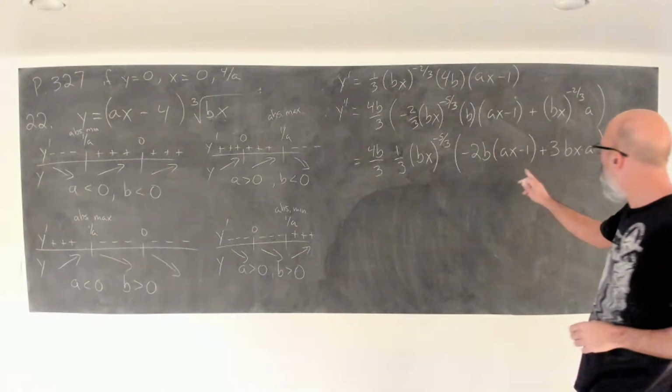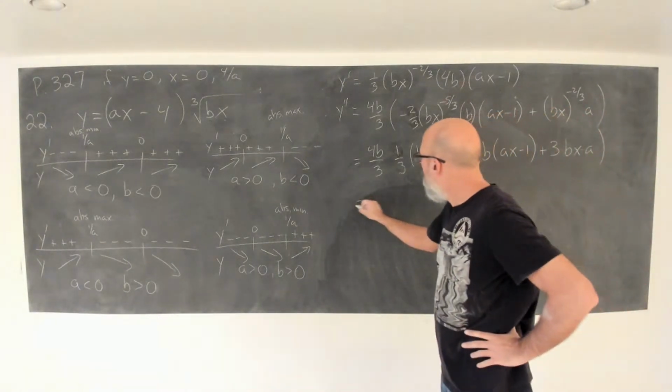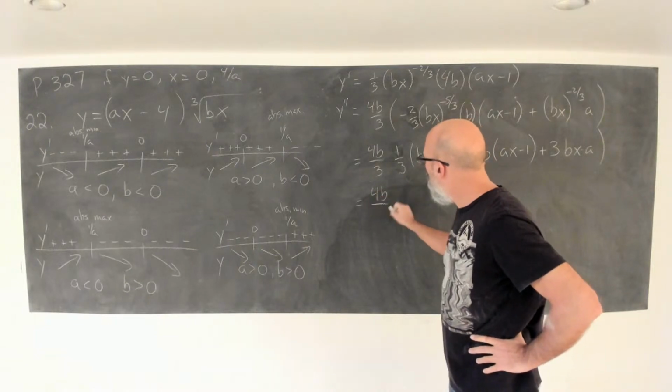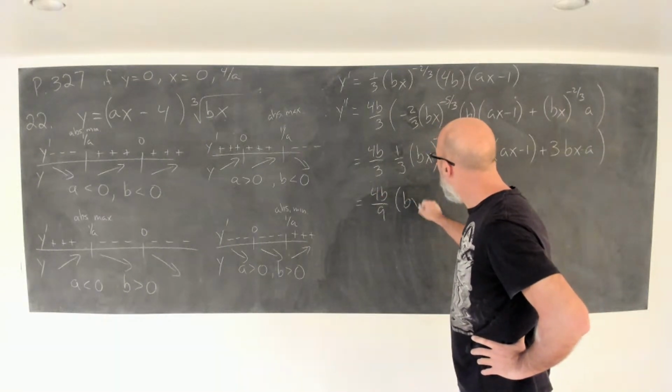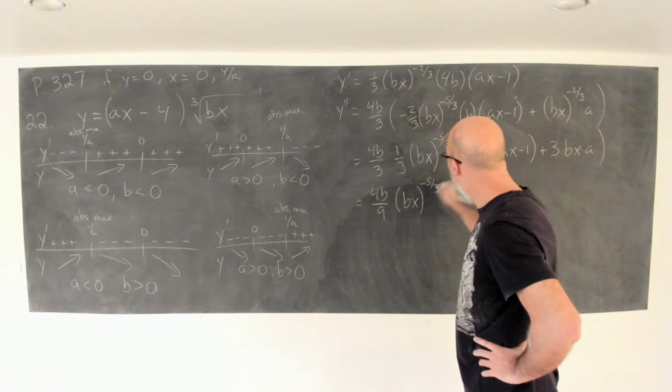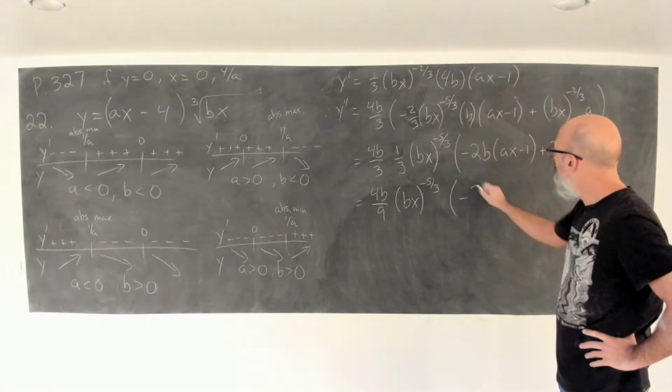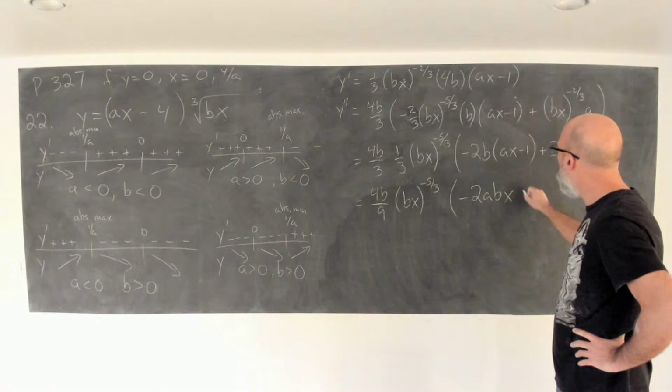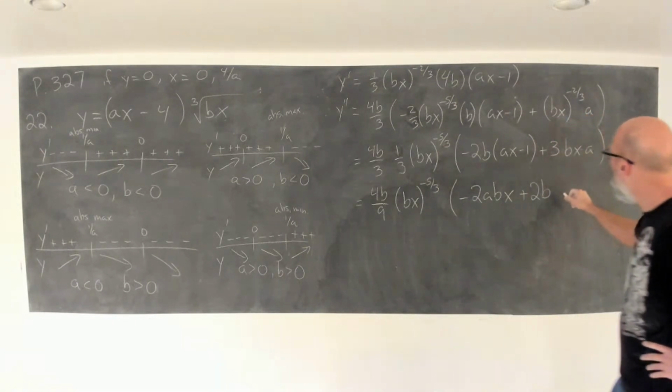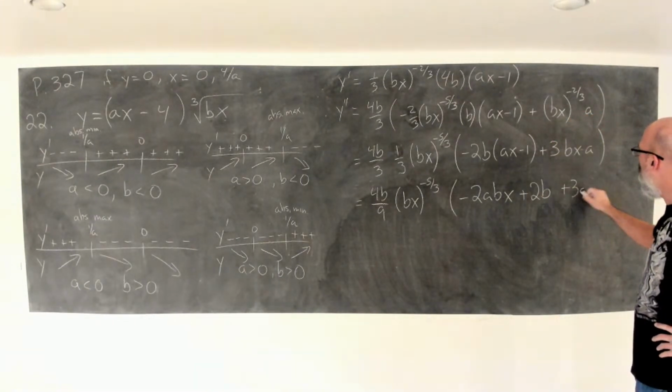All right. Let's finish that up. 4b over 9, bx to the minus 5 over 3, minus 2abx plus 2b plus 3abx.